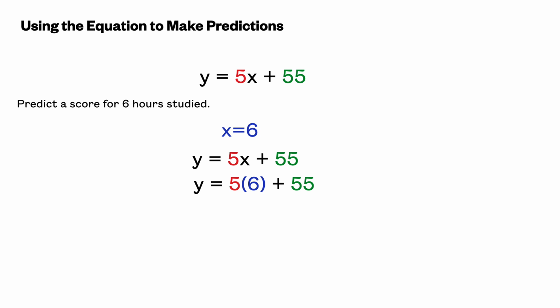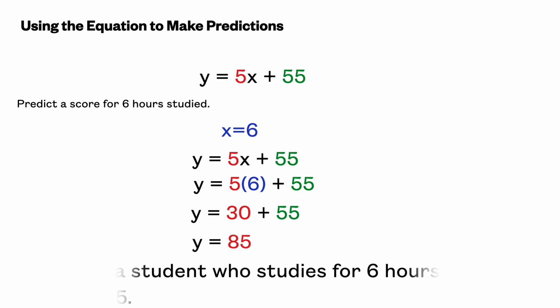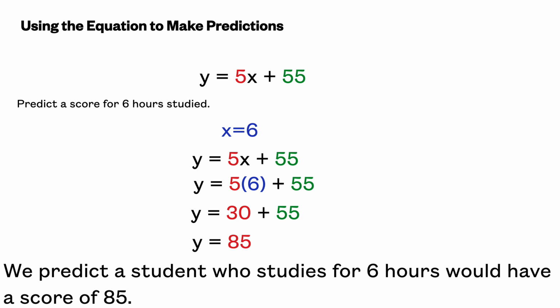And now it's just a simple arithmetic problem. 5 times 6 is going to give us 30, and 30 plus 55 is 85. This tells us that we predict a student who studies for 6 hours would have a score of 85. So the equation of this trend line can be used to make predictions and describe the relationship between variables.